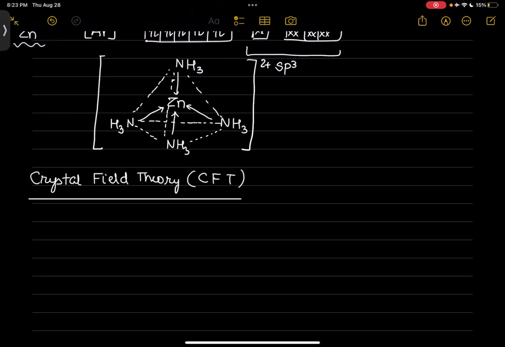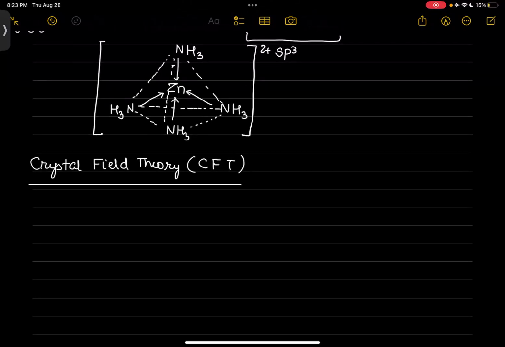So we need to look into those details to get the actual idea of the bonding. And CFT actually helps us to understand those more detailed aspects of the energies of the d orbital. Okay.